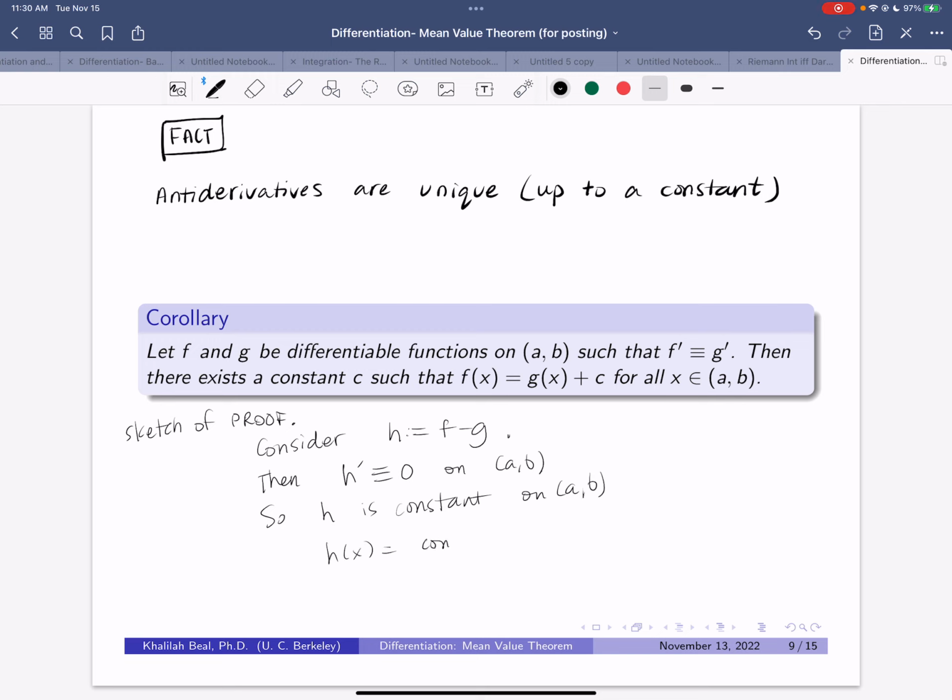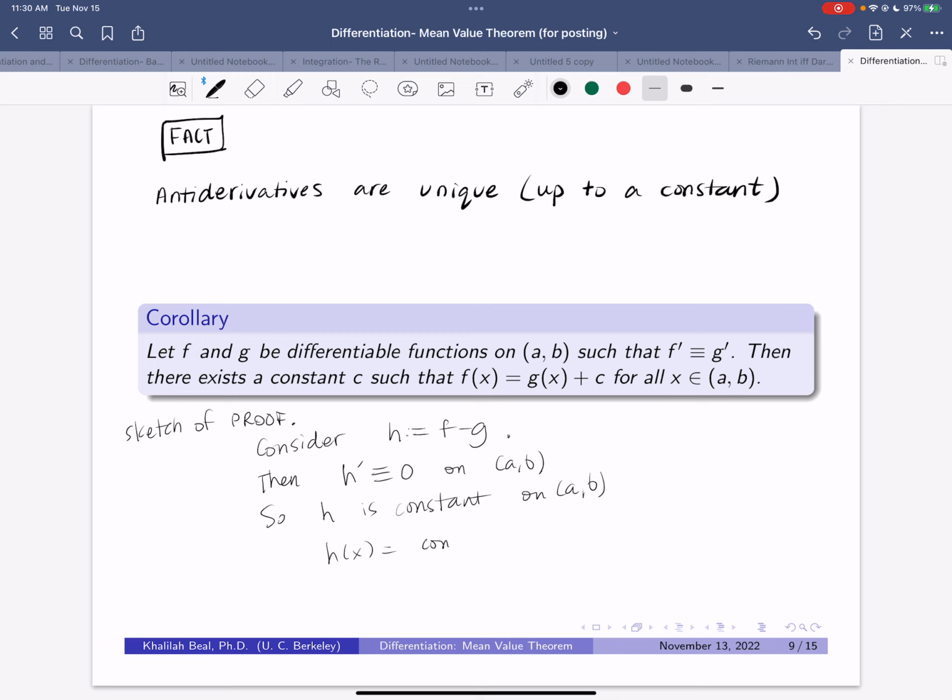Okay, so let's just do a quick sketch. So hypothesis: f goes from (a, b) to R, and f prime of x is bigger than 0 for all x in (a, b). Okay, and the claim is that f is strictly increasing. So let's see here.